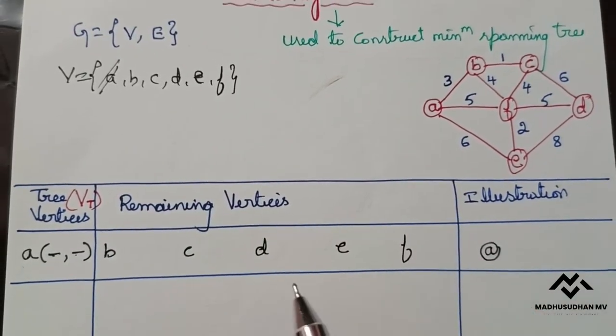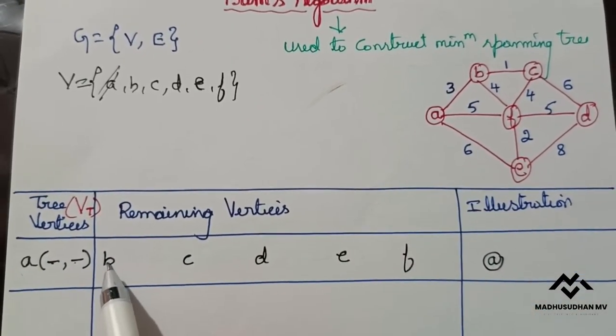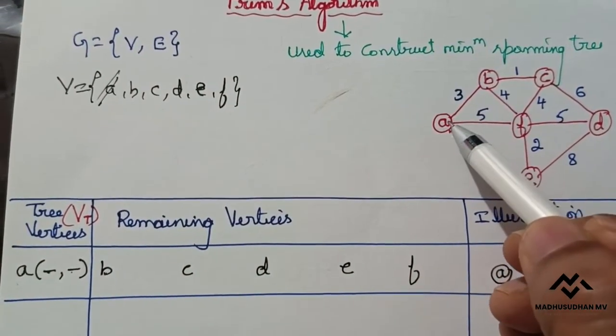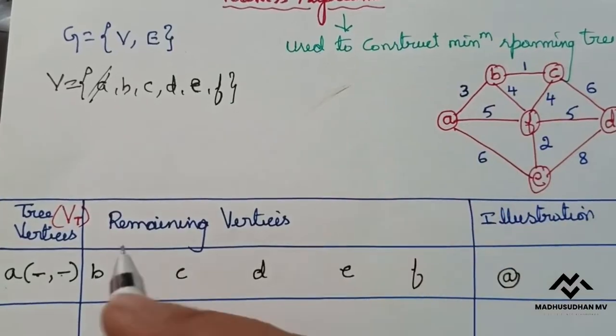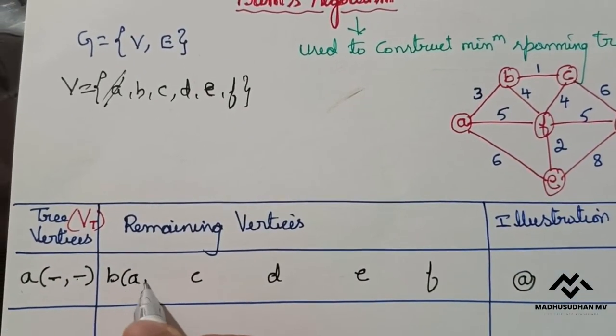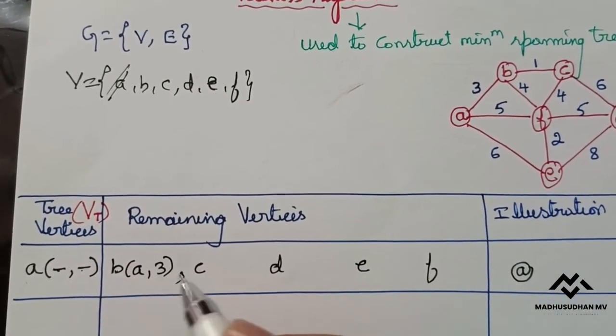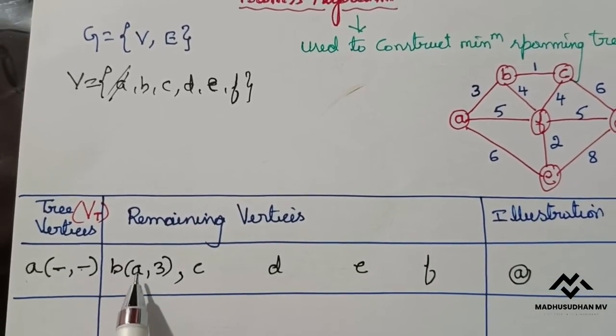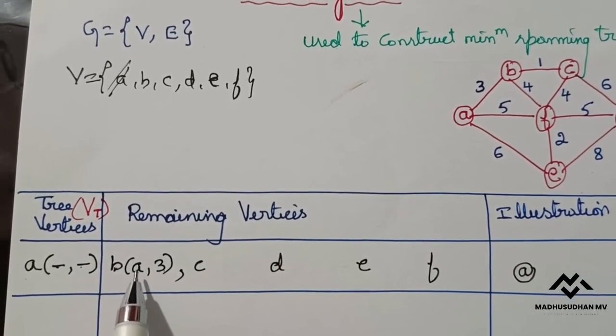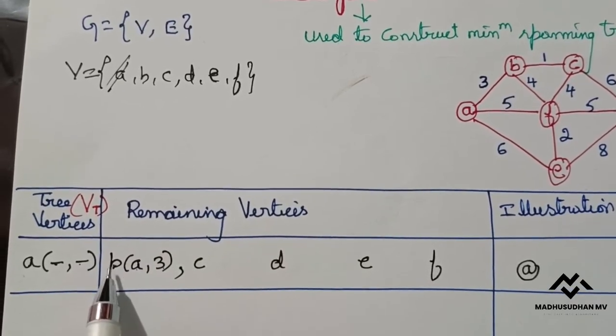Now B is at a distance 3 from A, so I will write B of A comma 3. The meaning is that from A, B is at a distance 3.